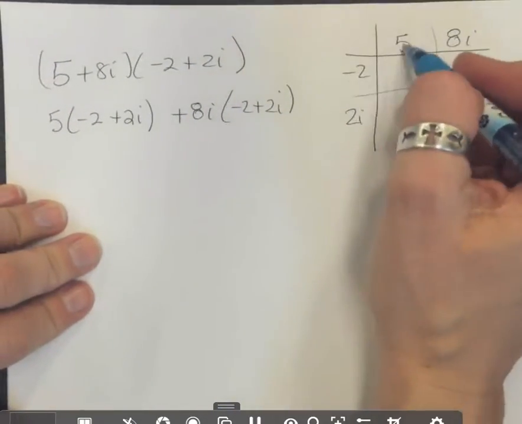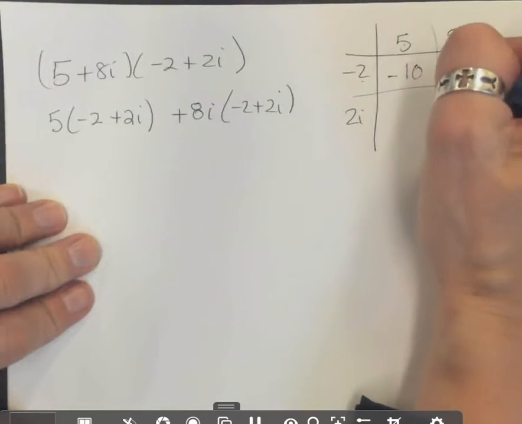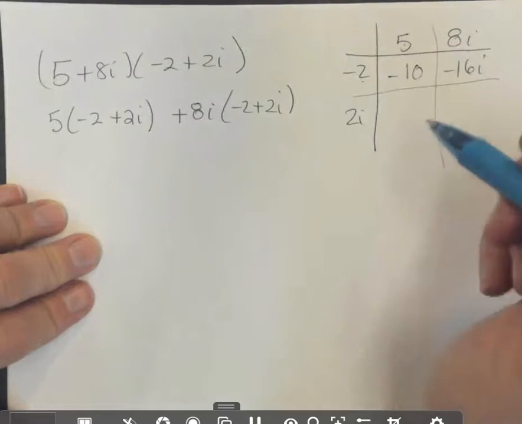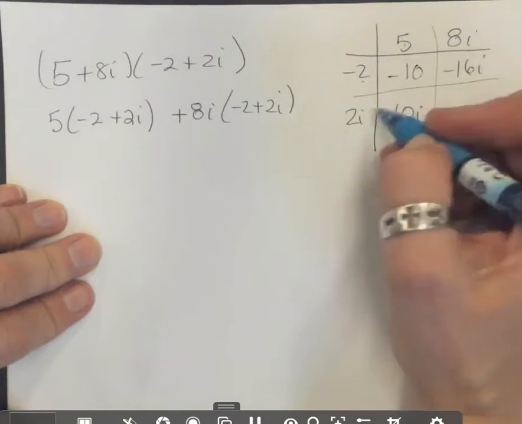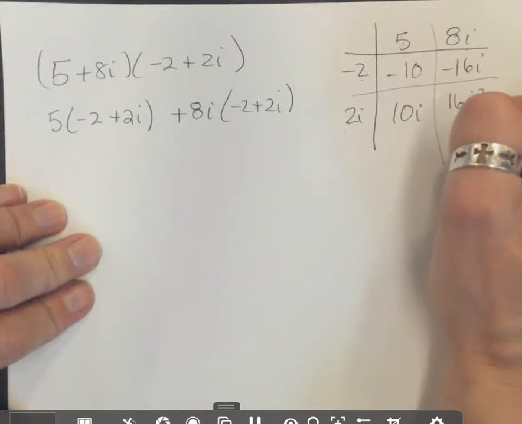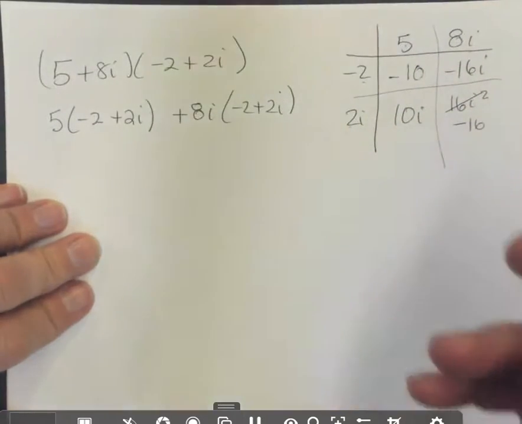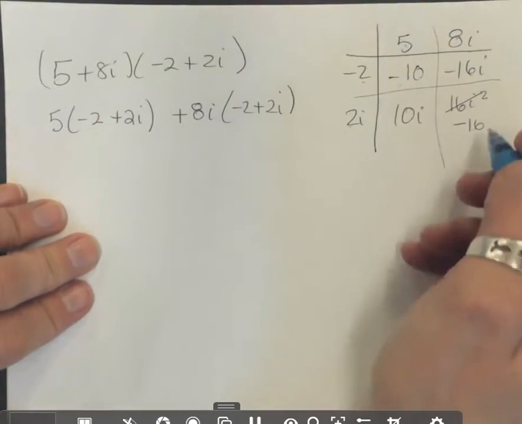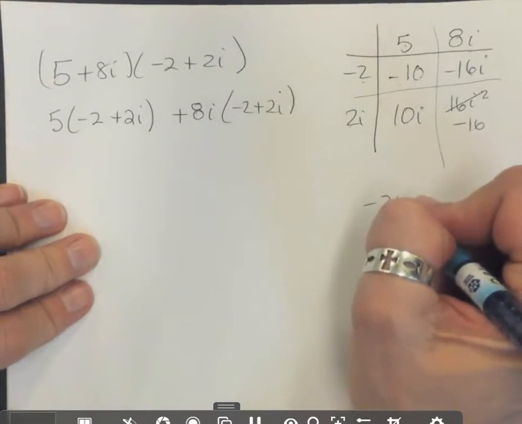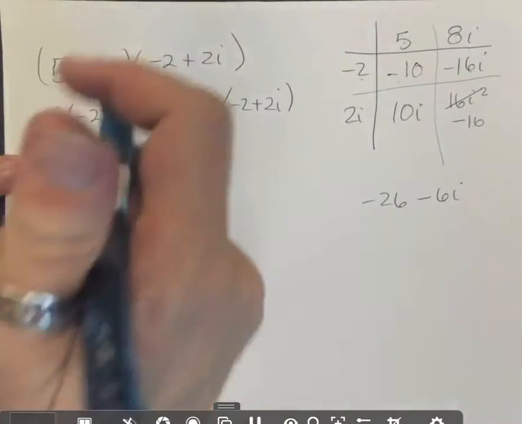So I've got negative 10. Negative 2 times 8i is negative 16i. 5 times 2i is 10i. 2 times 8 is 16i squared, which is really negative 16. Now I combine my like terms and get negative 26 minus 6i. Same thing here.